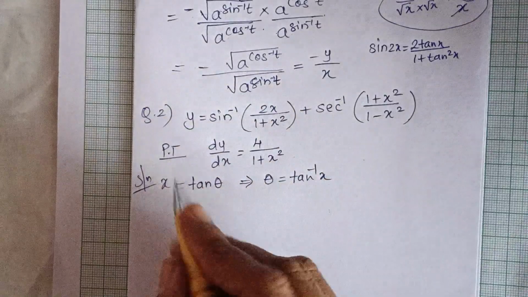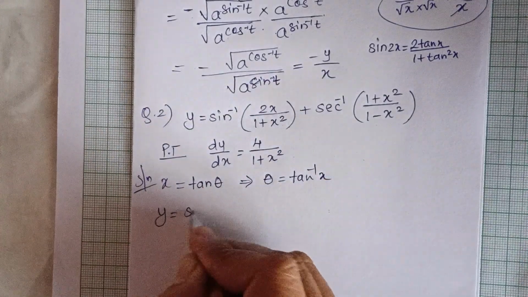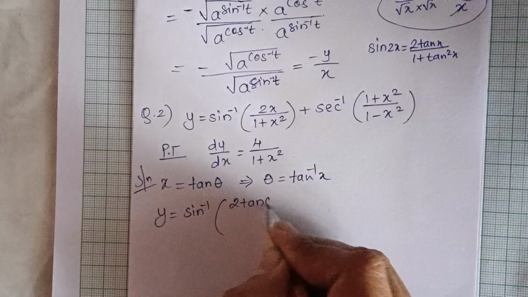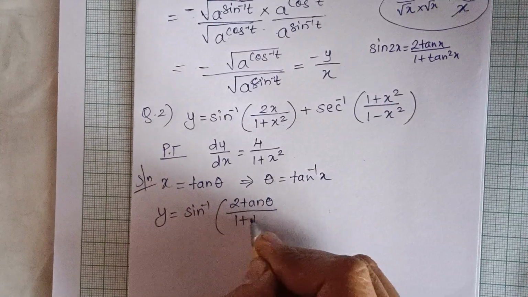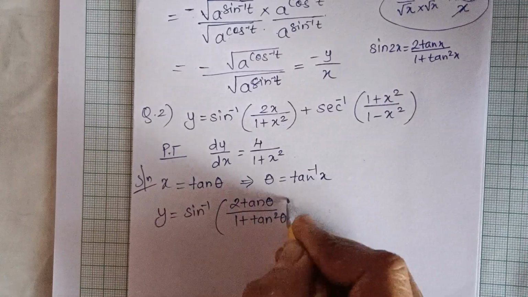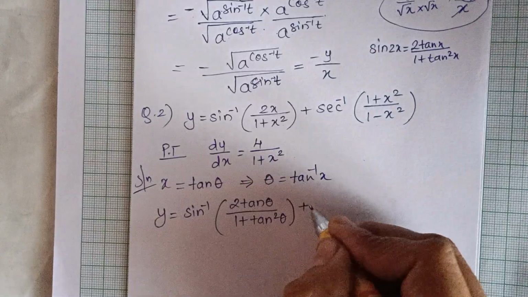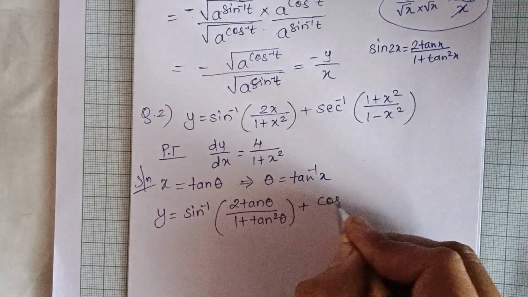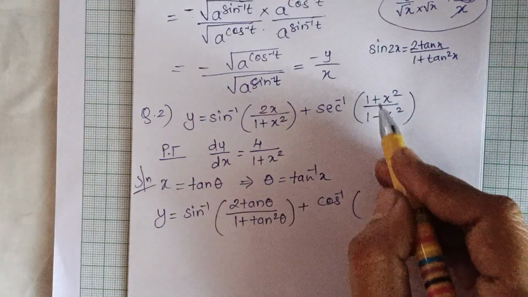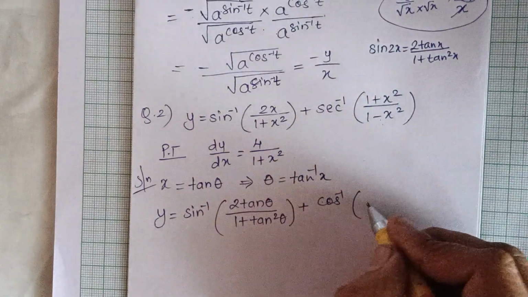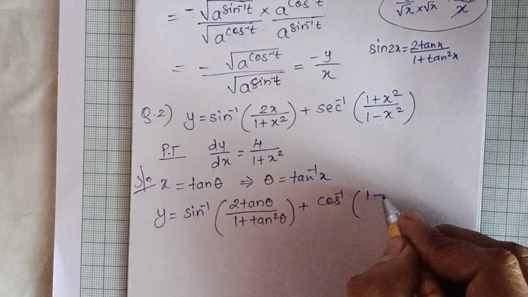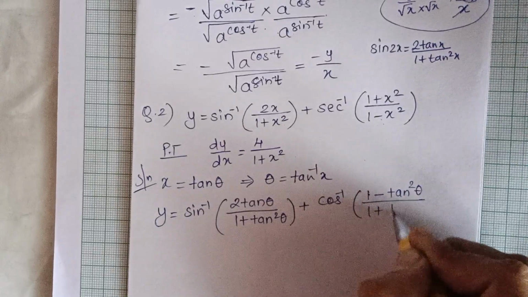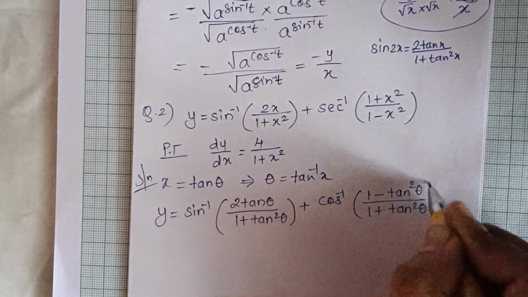So I will substitute in both. y equals sine inverse of 2 tan theta upon 1 plus tan square theta. Okay. Plus sec inverse, you can write it as cos inverse by taking this in the numerator, this in the denominator. So 1 minus tan square theta upon 1 plus tan square theta.